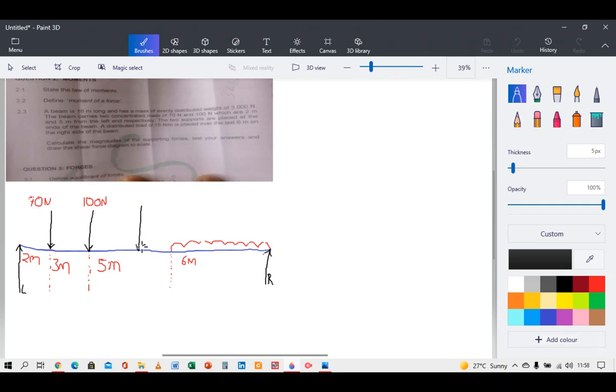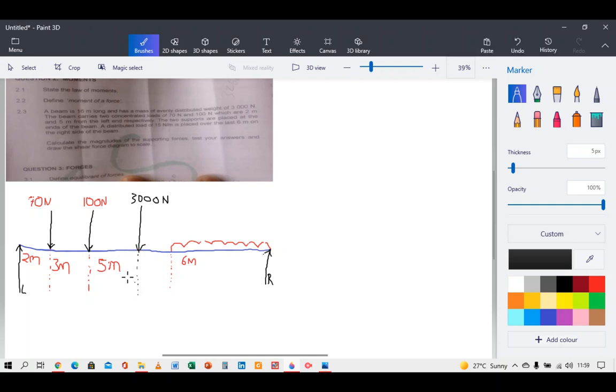Then the distributed weight like this, right? Then you are told that it is 3000 Newton, right?